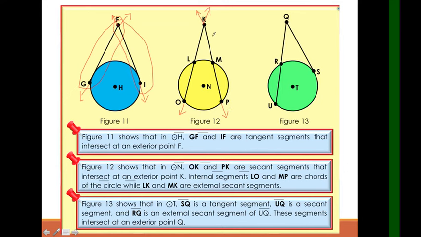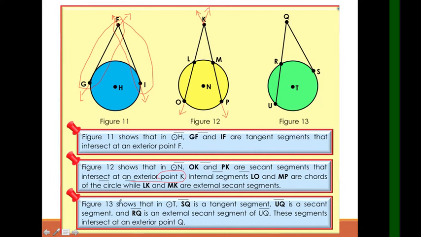So this one, secant segment siya that intersects at an exterior point K. So yung dalawang segments na nag-intersect sila kay point K, the internal segments LO and MP are the chords of the circle, while yung LK at saka MK are external secant segments. External secant segments ang tawag sa kanila.